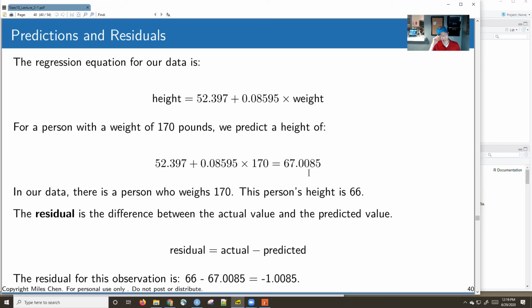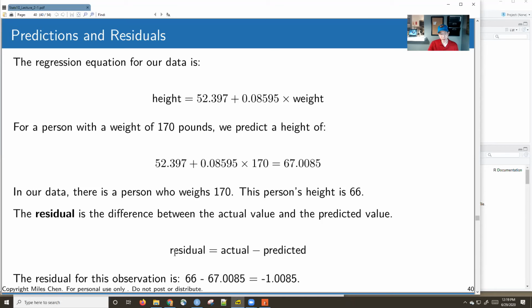As far as commands go, I teach R classes and I teach Python classes, but there are many times where I forgot the name of the function, and I have to go on Google and ask how do I do this in R, or how do I do this in Python? So I'm not going to expect you to memorize every single R command, and the quizzes and exams are open note anyway. But I do expect you to be able to read the output from R and make sense of it. To me, that's a lot more important than remembering the exact name of the function. Okay, I hope that makes sense.